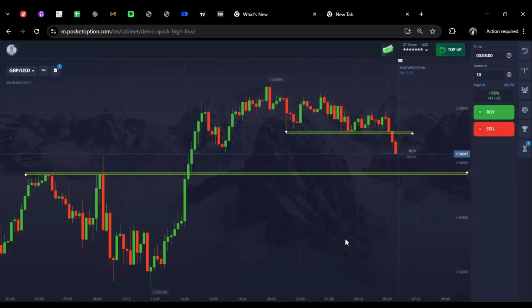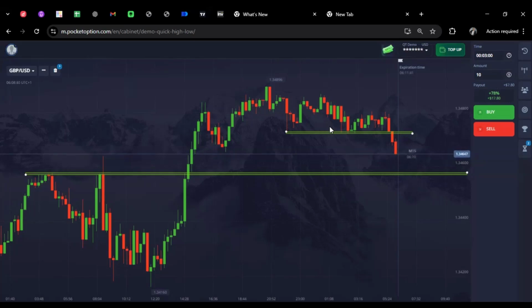Because if you're looking at GBPUSD, generally we're expecting a serious sell on the pair today anyway. But for this sell to continue, I would expect it to come back here before dropping.